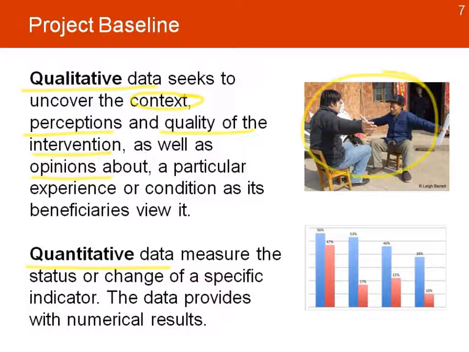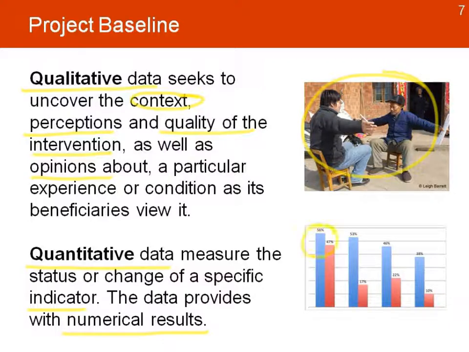So when we are in direct contact with beneficiaries, we try to express more about their emotions, their feelings, how they see the project, how they perceive it, because that helps us understand many other types of information that sometimes is not easily captured. While quantitative data is usually to measure the status or changes on a specific indicator and provides us with numerical results.